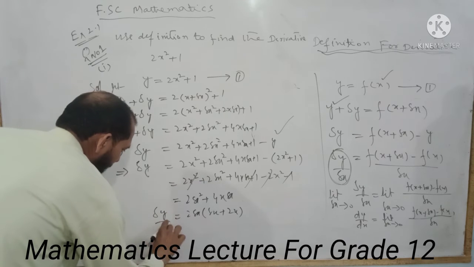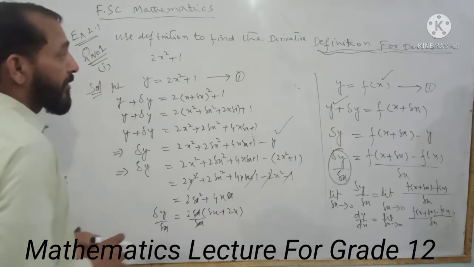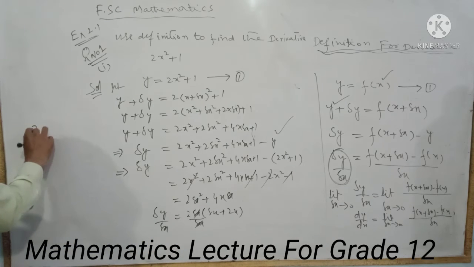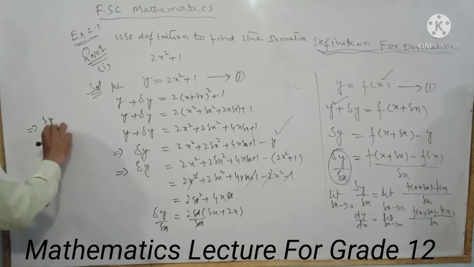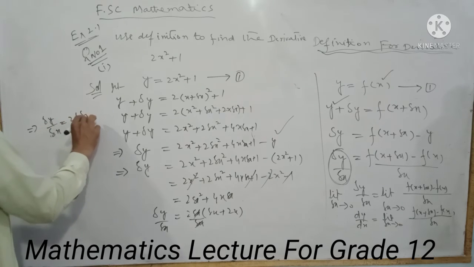After this we divide by del x on both sides. This implies that del y over del x is equal to 2 into del x plus 2x.